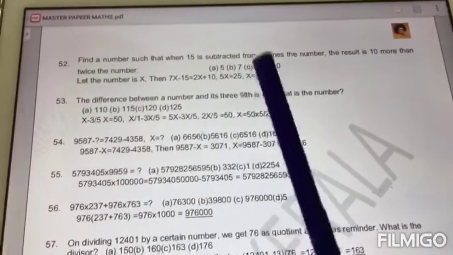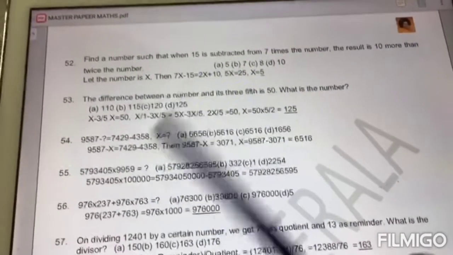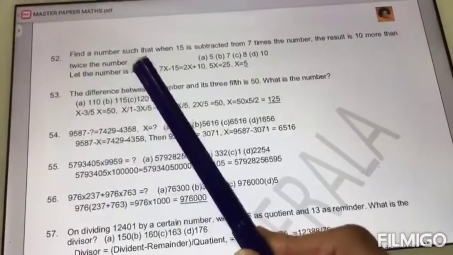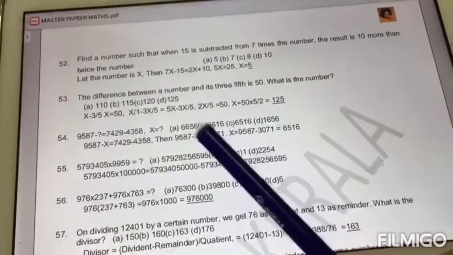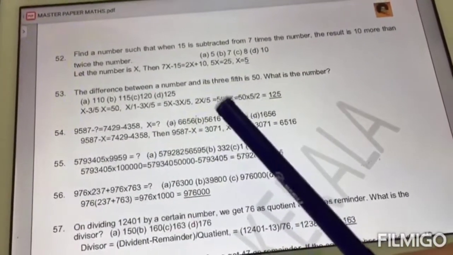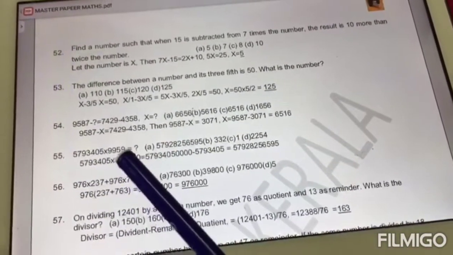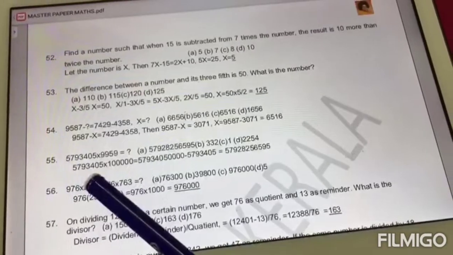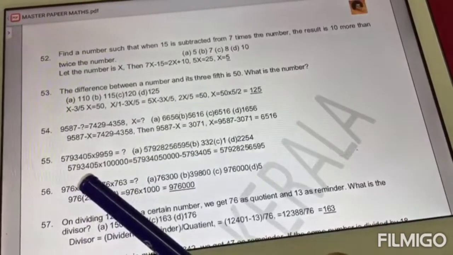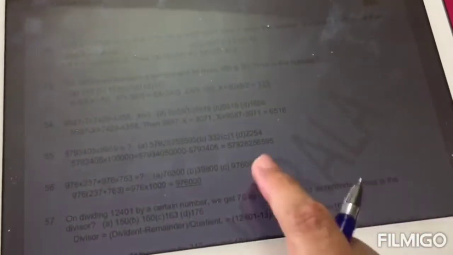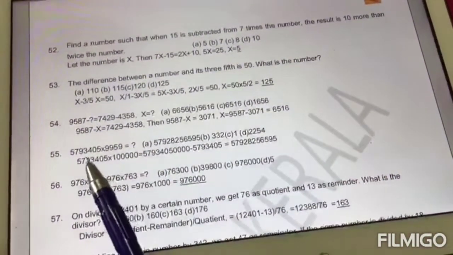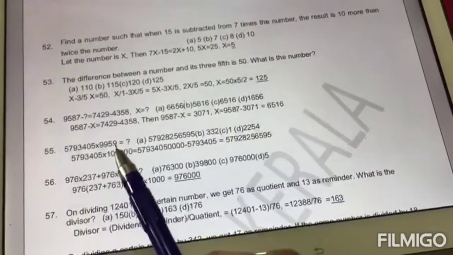Alright, so we're back. We left some of the questions in between. So 52, 53, 54, very simple. I would like you to try it on your own. 55, okay. Now whenever you're given these huge numbers, try to find out if there is a shortcut way of doing it. 9959.